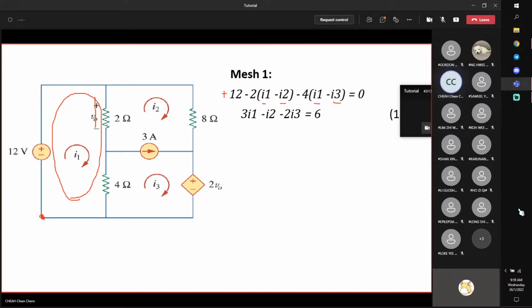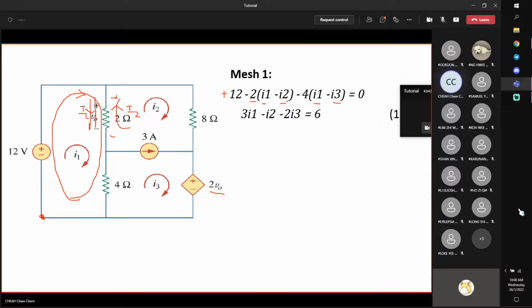This will only be used later on when you encounter this dependent source. At this stage, you just go around this loop and write down the equations. Here, 2 ohms, passive sign convention, from high to low, current flows from higher potential to lower potential. So there's a drop in voltage here, and the current here is I1 going downwards, I2 flowing upwards.